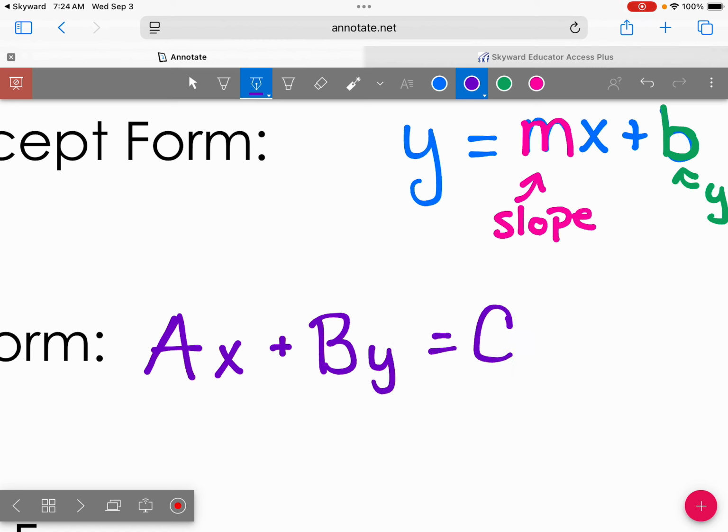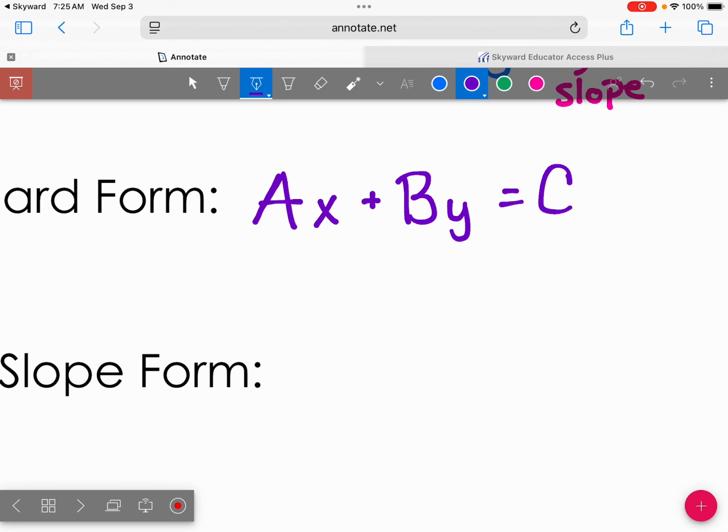When we have an equation that looks like this, it's in our standard form, sometimes called general form. Honestly, most of the time we use this is when we're trying to graph with x and y intercepts. It's not a huge deal. We're not really going to take things from slope-intercept form and put them in standard form because it's honestly easier to find our intercepts in standard form anyway. So there's not any times that putting it into standard form is particularly helpful. But it's good to know that it has a name. Awesome sauce.